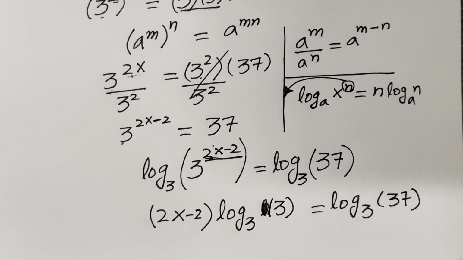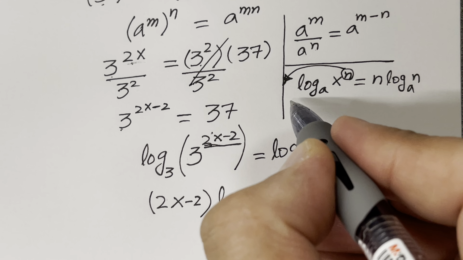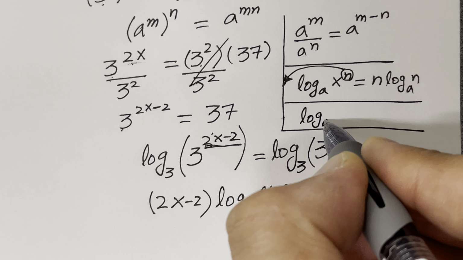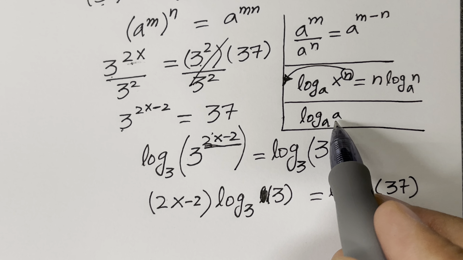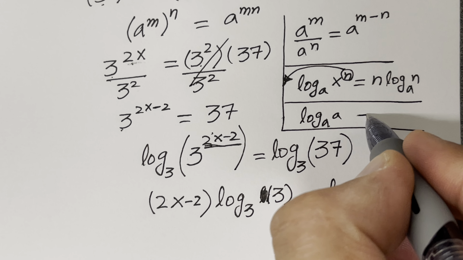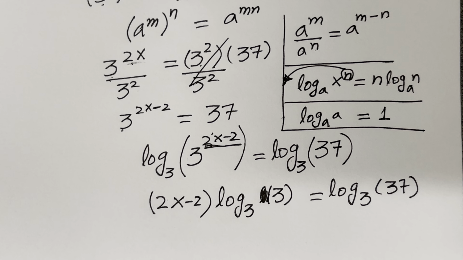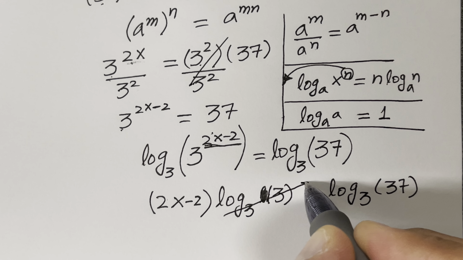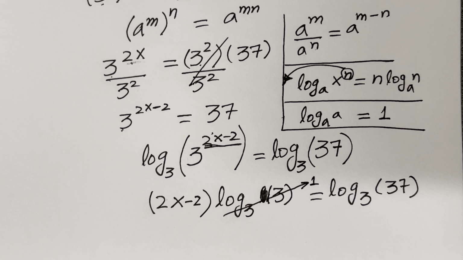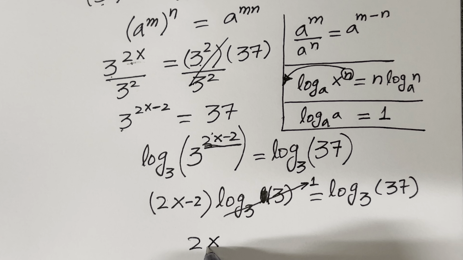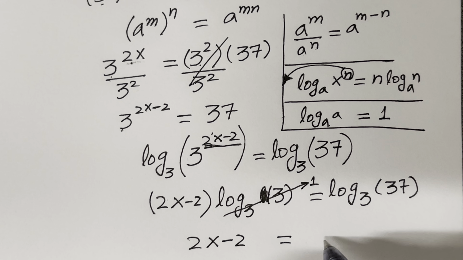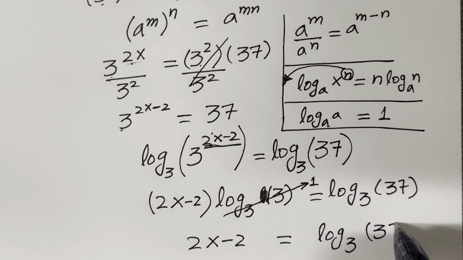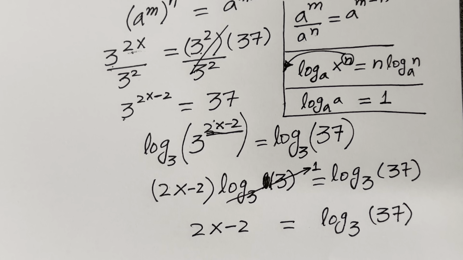Another property of log says if you have the same base and you are finding the log of a number that is the same as the base, then that is just equal to 1. And you have this scenario here, so this is equal to 1. So on the left hand side you have 2x minus 2, and on the right hand side you have log base 3 of 37.